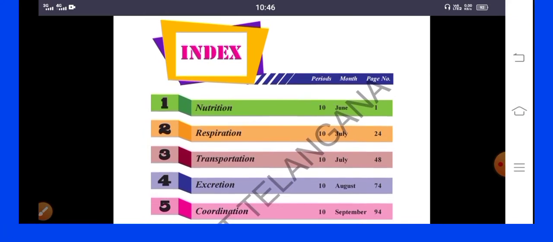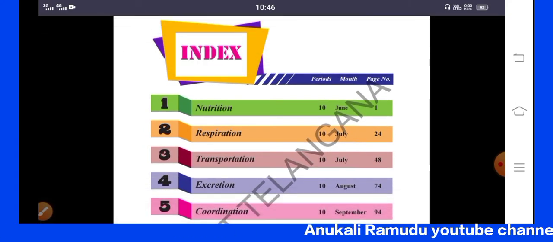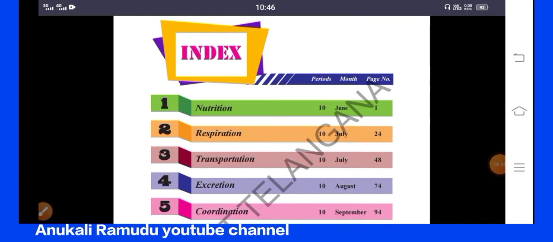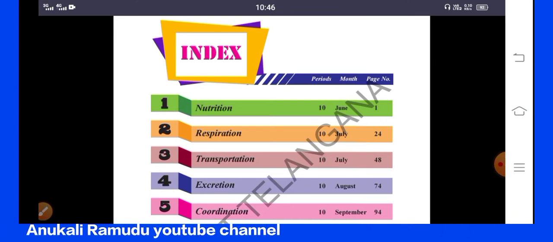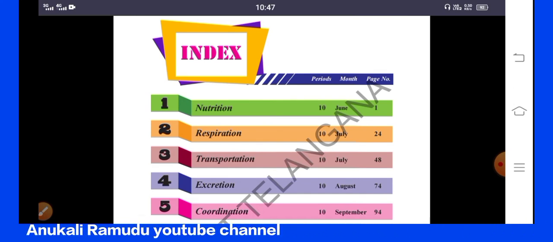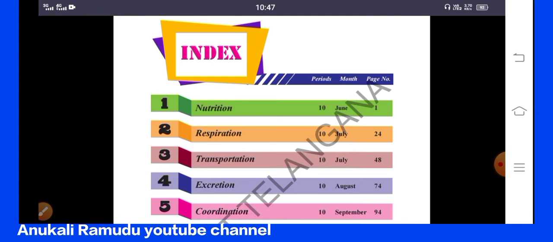Some of the chapters are kept under activity based and some of the chapters are for examination purposes, so you have to go through them deeply from either the activity based or examination point of view, both.